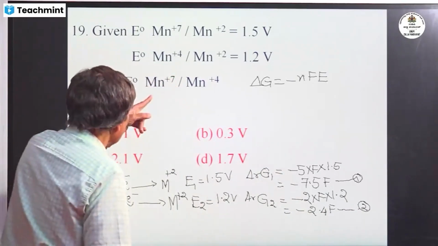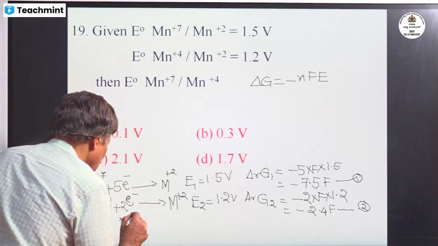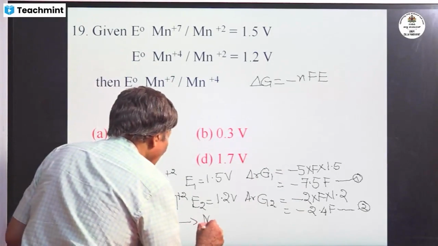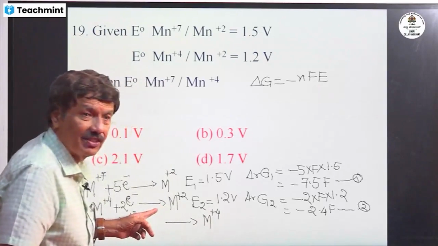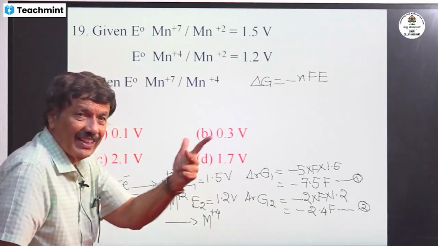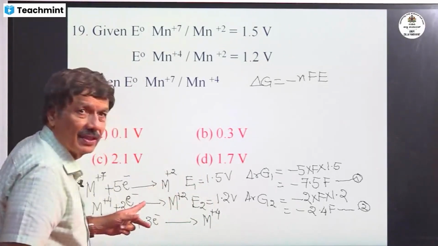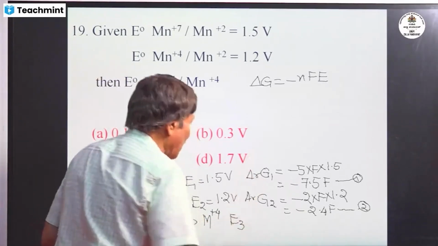Then what they asked is this one, isn't it? M7+ gives M4+. Tell me how many electrons you have to add? 7 plus, 4 plus, 5, 6, 7. 3 electrons. Let it be E3.